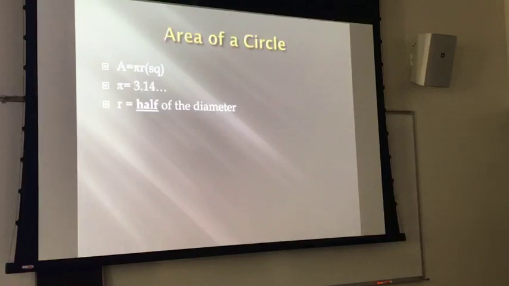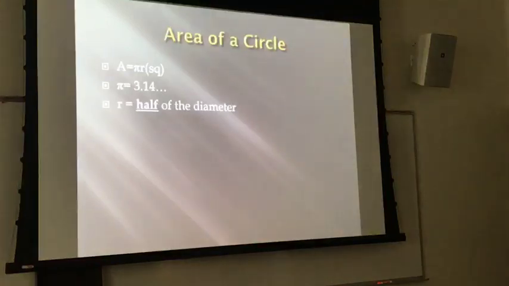So the diameter is 10. What is the radius? Half of 10, right? So half of 10 squared is 5 squared, 25. So it would be pi times 25.